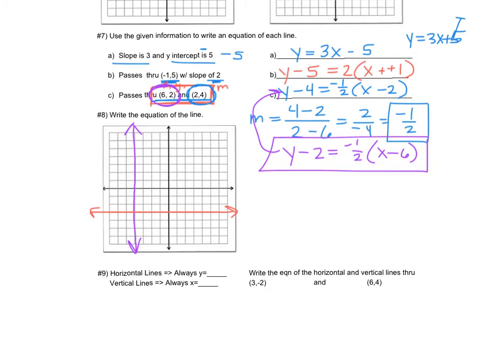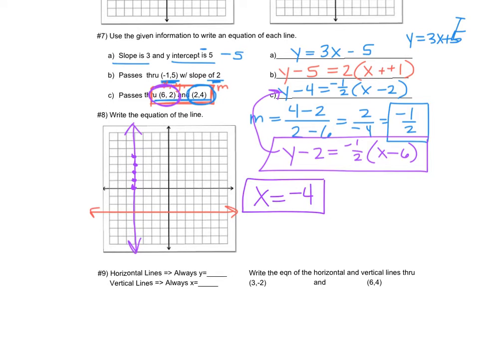But one of your values, your x or your y, never changes. The x, right? Think about these points. This is negative 4, 0, negative 4, 1, negative 4, 2, negative 4, 3, negative 4, 4, right? Your x value is always negative 4. That's the equation of that line.